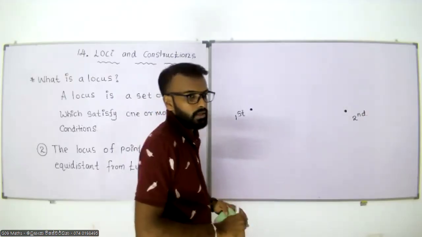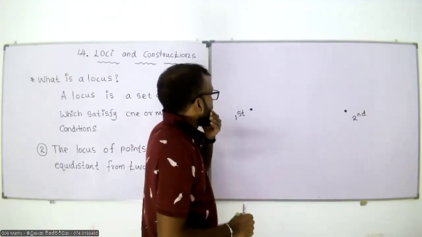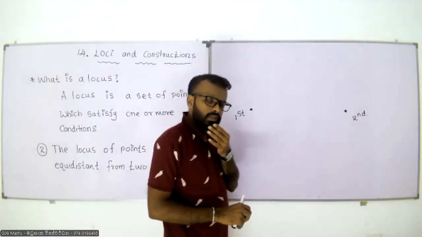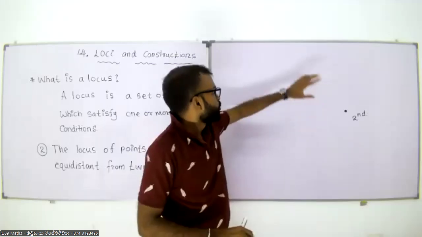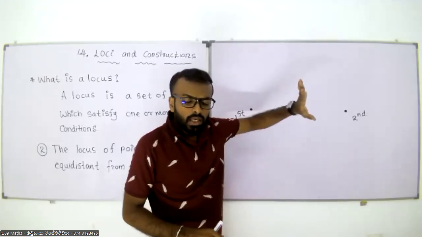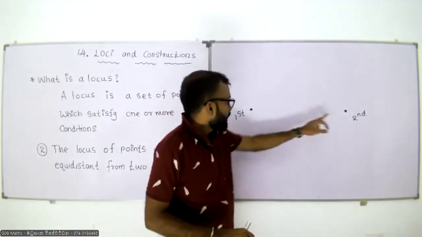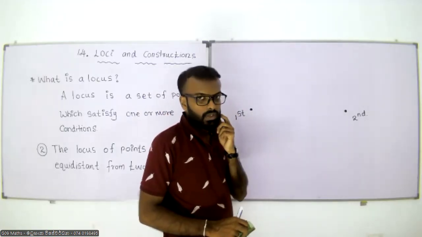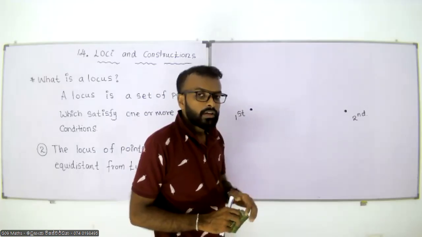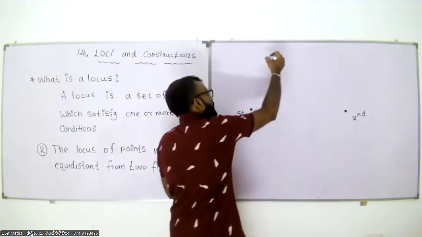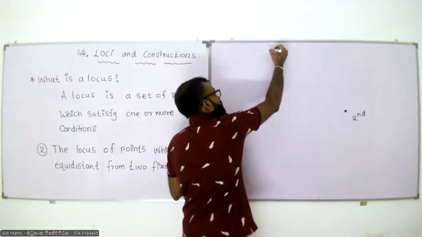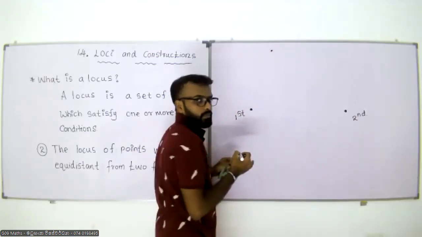Don't do anything. So the first point that I am going to draw should be equidistant to this point and this point. So if I draw something like this, I will draw the first point like this.